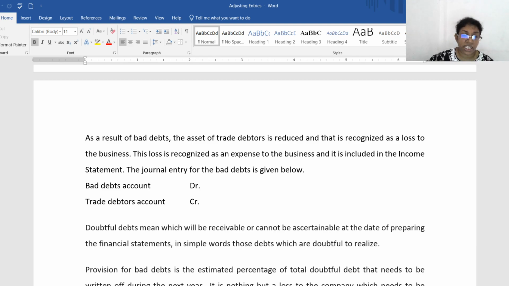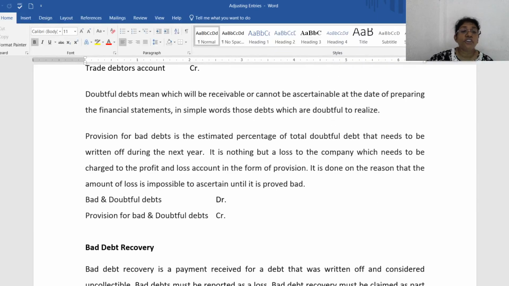Then what do you mean by the doubtful debt? Doubtful debt means this will be a receivable and cannot be ascertained at the date of preparing the financial statement whether this person is paying it or not. So, the provision of bad debt is estimated as a precaution for this doubtful debt.